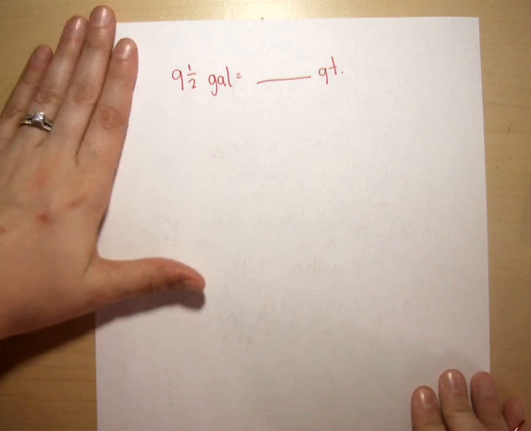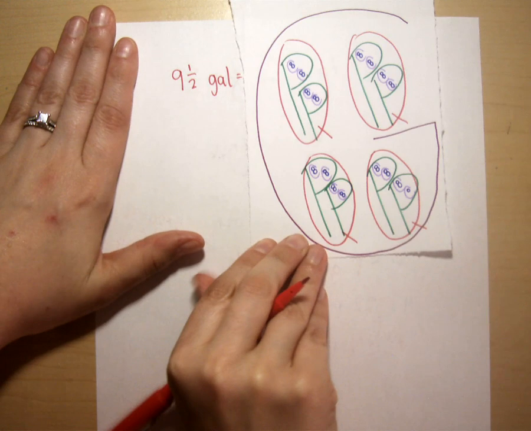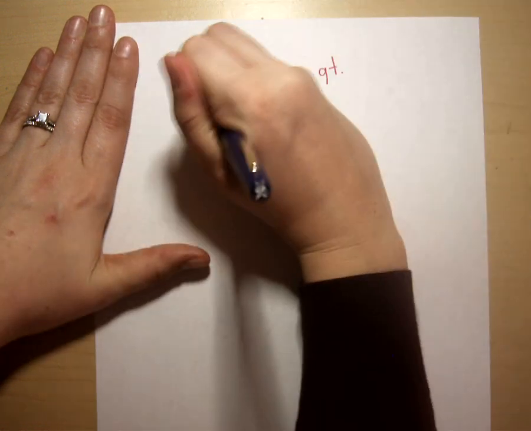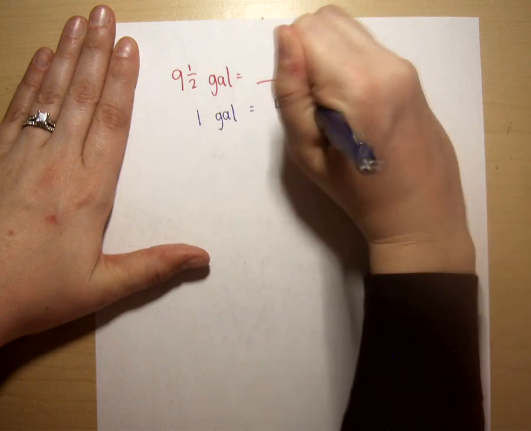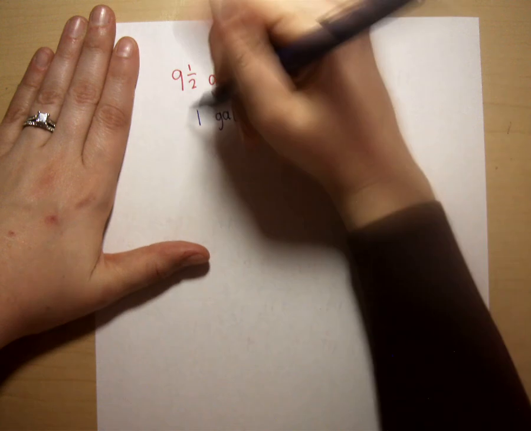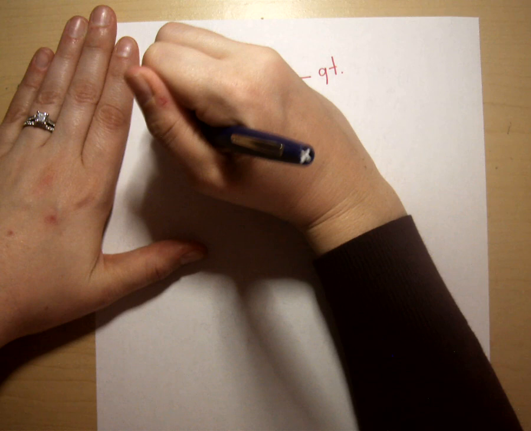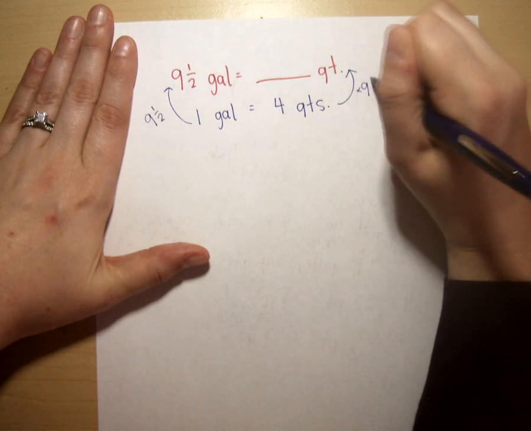Number 5 says 9.5 gallons equals how many quarts? So we're going to use the idea of the gallons and quarts again. Remember looking at Gallentown, saying, well, in 1 gallon, there are 4 quarts. So how many times would I have to have 1 to get 9.5? Be 9.5. So then I need to times this side by 9.5.